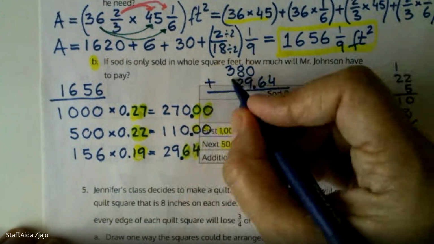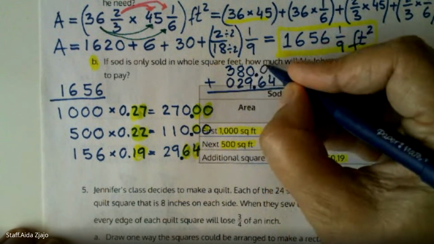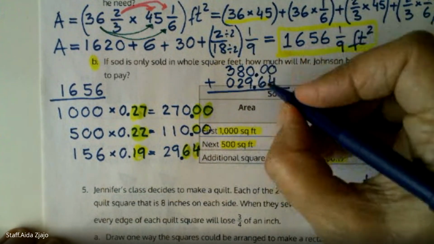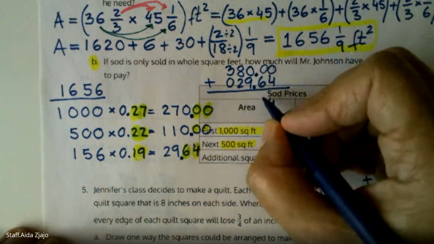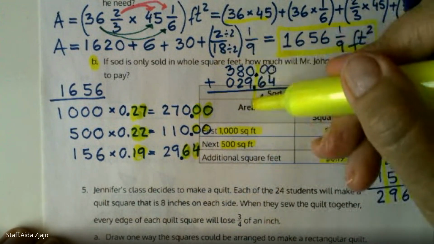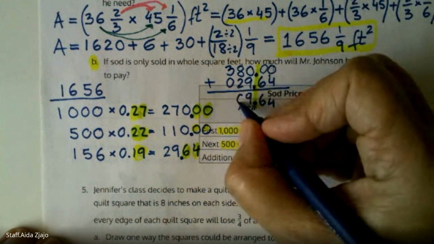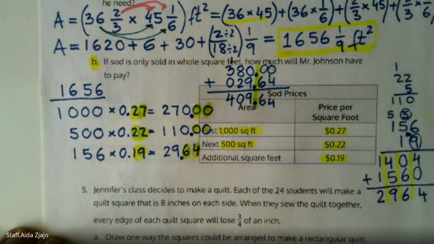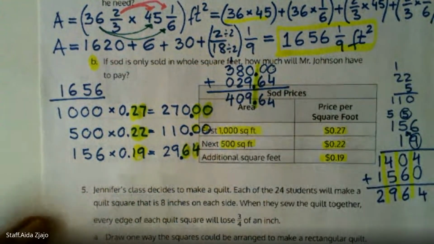I can add a 0 here, and then I can add the decimal as well, so it can help me to add. 0 plus 4 is 4. 0 plus 6 is 6. Decimal goes in a line when you add. And 9, 0, remember 1. So it's $409.64.